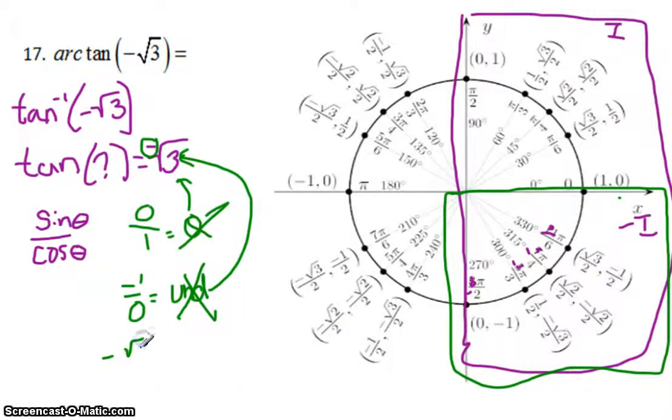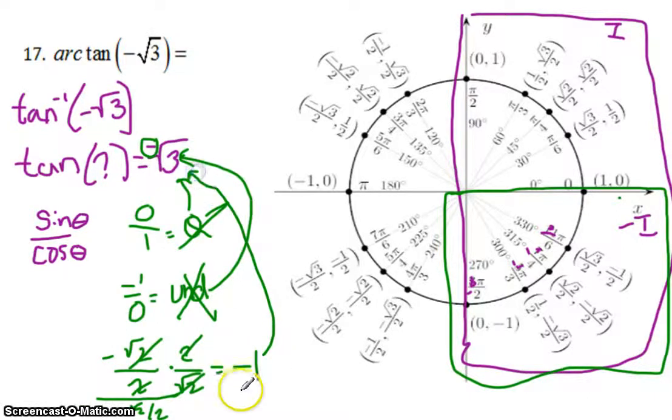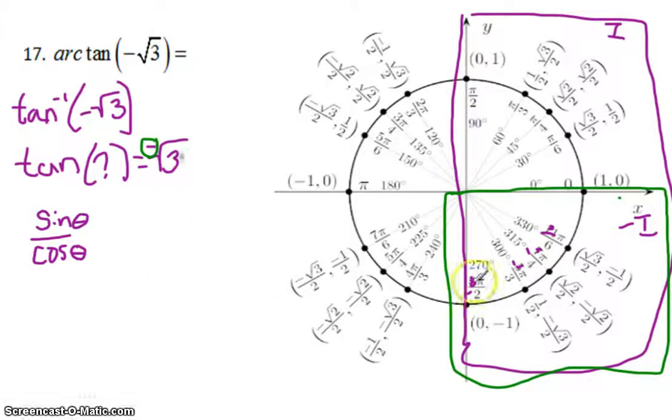Negative square root of 2 over 2 divided by square root of 2 over 2. Well, you're going to multiply and flip the second fraction. It's going to give me negative 1. Is that what I want? No. So we found out this is not the answer, this is not the answer, and those do not work. So that means 0 degrees is out, negative pi over 4 is out, and negative pi over 2 is out.